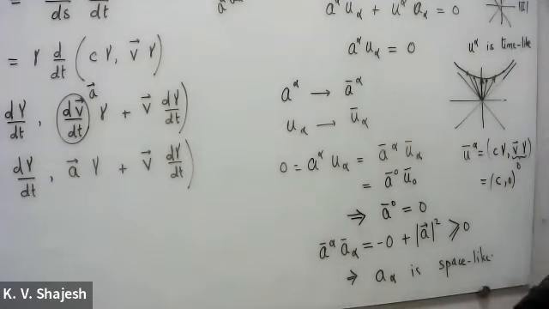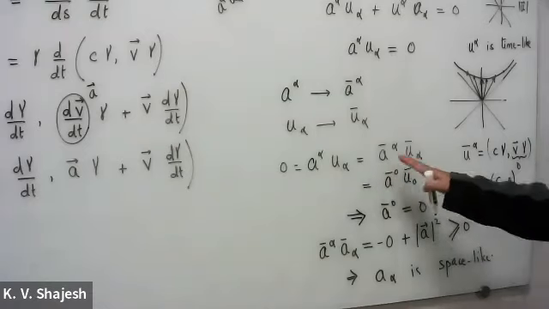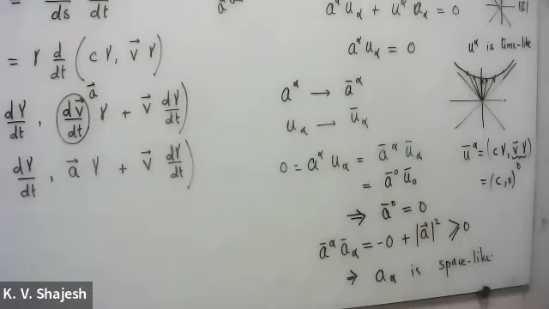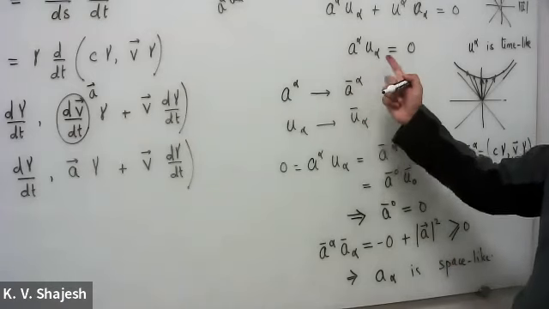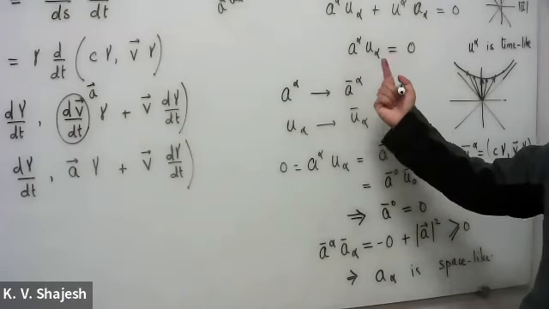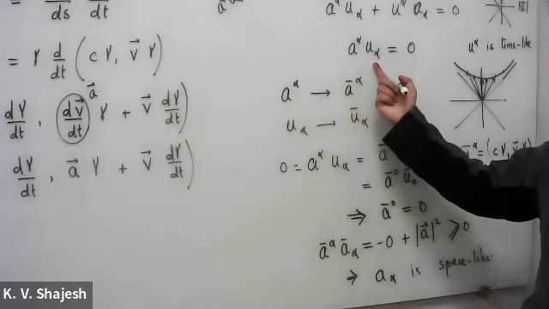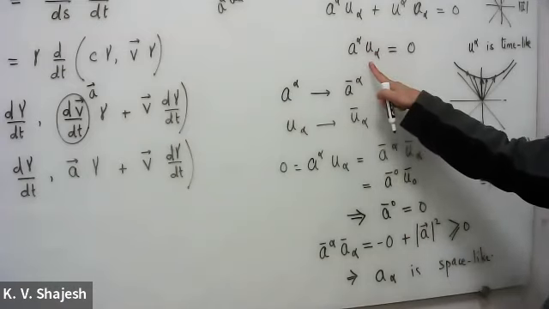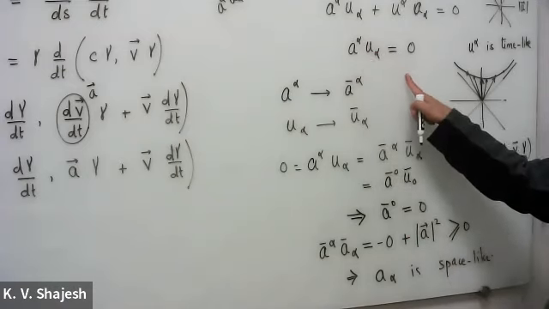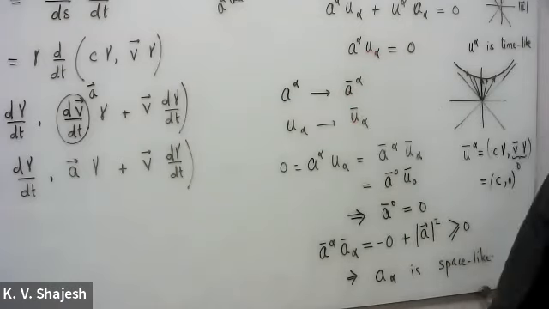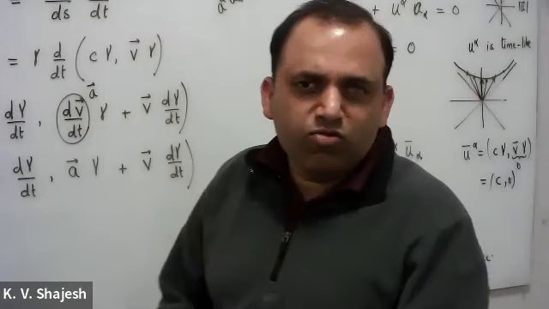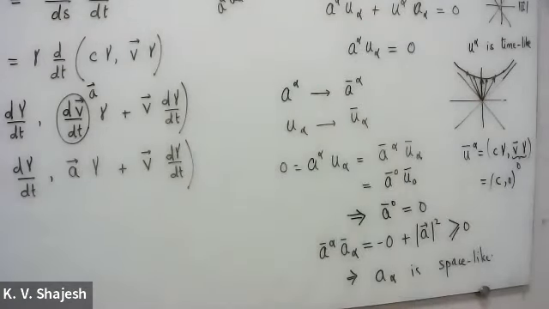This argument did not care for the fact that this is acceleration and velocity. I could have taken any two vectors. If there are two vectors, one of which is time-like, and the product is 0, then the other vector has to be space-like. Which means that if there are two vectors that are orthogonal in a Lorentz coordinate system, if one is time-like, the other is space-like.